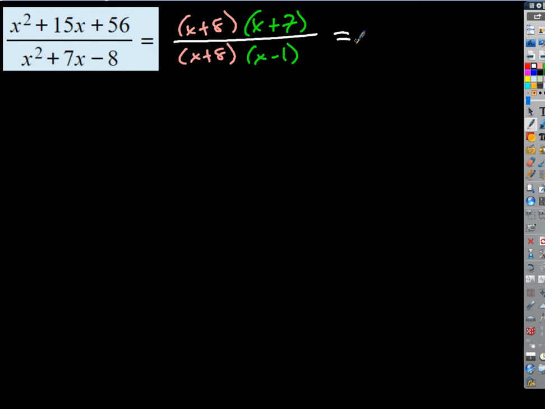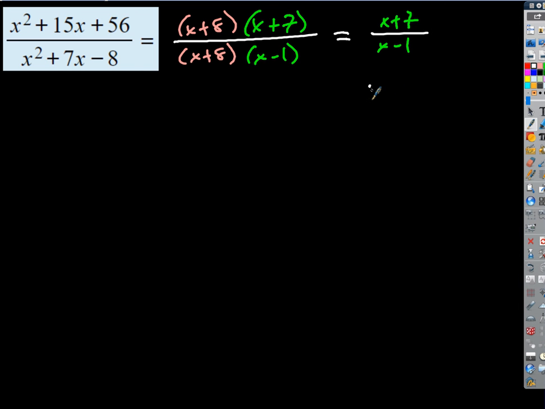So when I divide this expression, top and bottom, by x plus 8 to cancel those out, we should expect that it's going to change the function a little bit, and it does. We lose a point that was originally on the function. Those are kind of related ideas. So our final answer looks like x plus 7 over x minus 1.